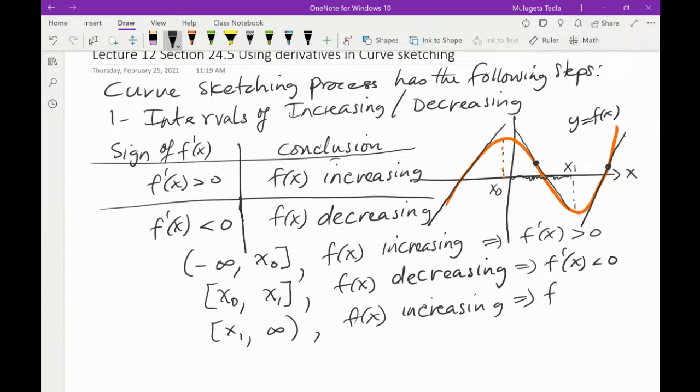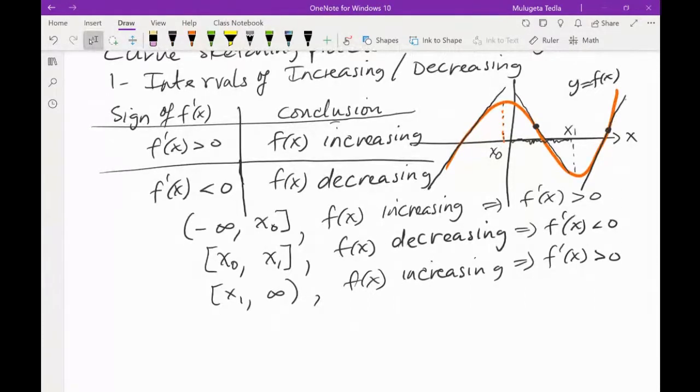Increasing means the derivative is greater than 0. That's the way we see it in differential calculus. A decreasing graph is a graph in an interval in such a way that the tangent line has a negative slope.